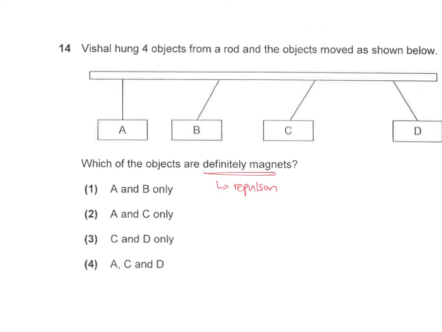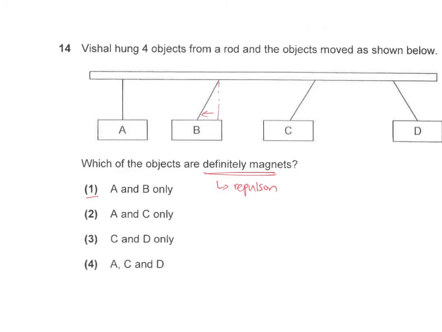So let's take a look at the A, B, C, D, and what can we say about each of these cases. Now looking at option 1, A and B. What we can see is that A does not show attraction, it is staying put, whereas B is being pushed towards A, right? It is supposed to be in a vertical position, but it was being pushed to the left.